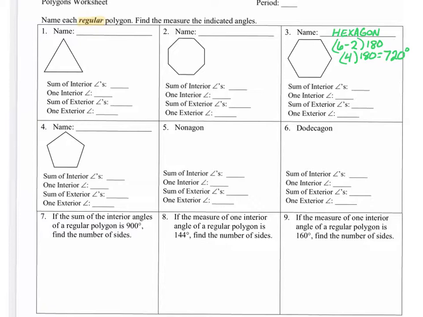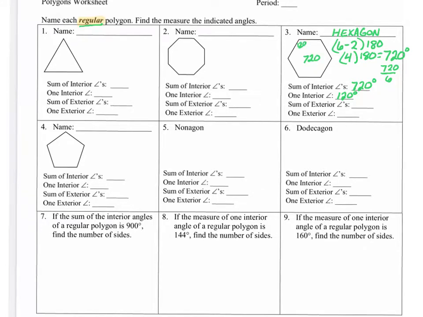So the sum of the interior angles is 720 degrees. And for this one interior angle, since it's regular, we can just do 720 divided by 6. And 720 divided by 6, what is that? That would be 120. 120 degrees. So this is 720, but each one of these angles is 120 degrees.